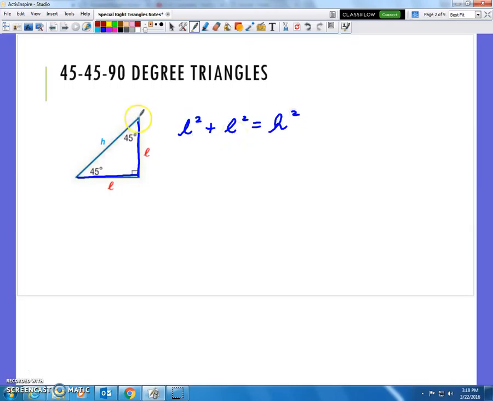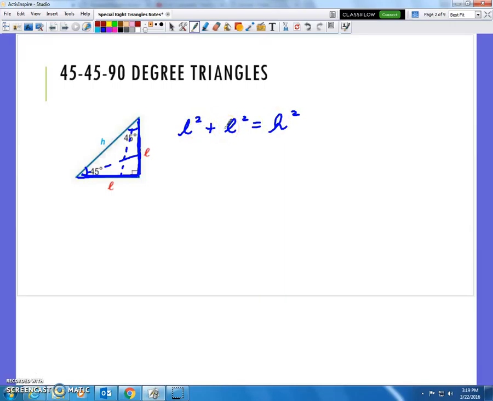The reason I can call both of these L, I don't have to use A, B, and C, is because this is an isosceles triangle, because they have two congruent base angles. So therefore its opposite sides are also congruent. So the nice thing about that is, if that is the case, it's specifically an isosceles right triangle with a 45-45-90. Instead of having three different variables, I have two variables.